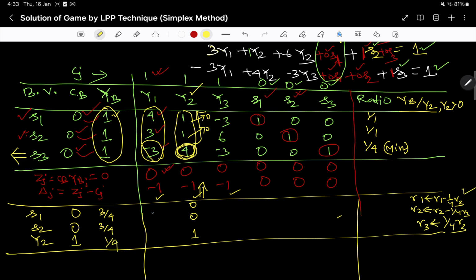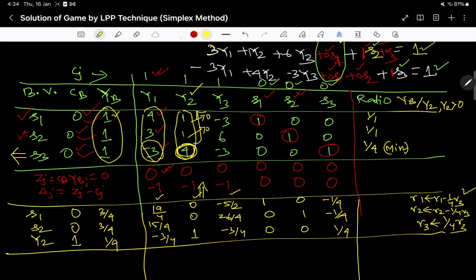The first row is 19 by 4, then 0, minus 5 by 2, 1, 0, minus 1 by 4. In the second row it will be 15 by 4, 0, 26 by 4, 0, 1, minus 1 by 4. And the last row will be minus 3 by 4, 0, 0, 1 by 4.